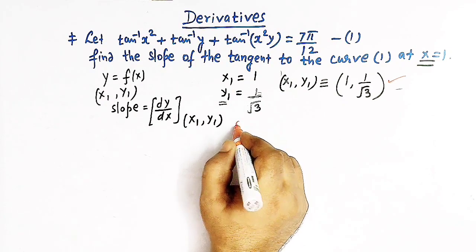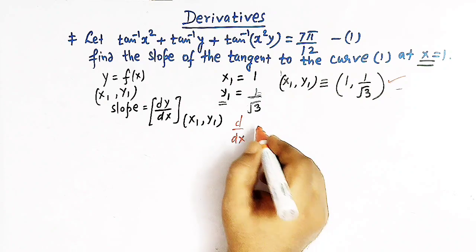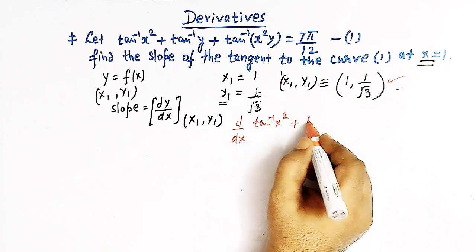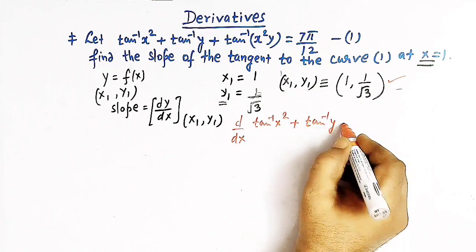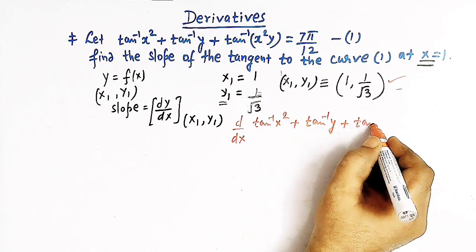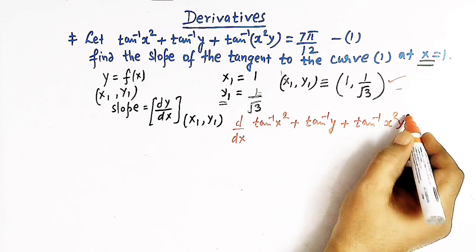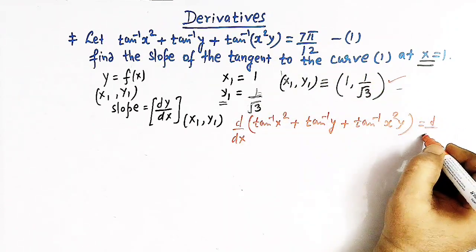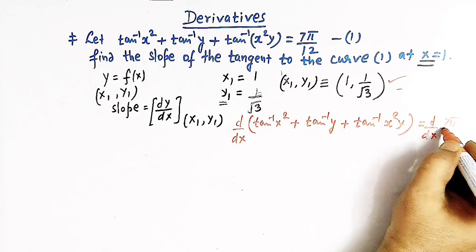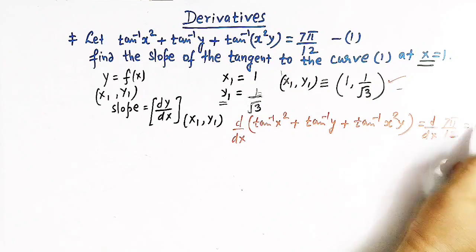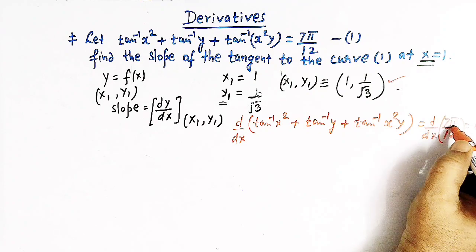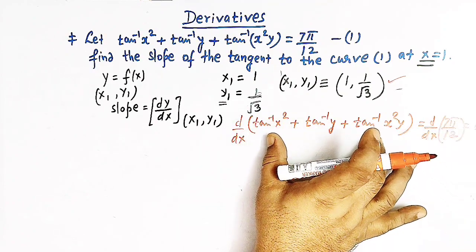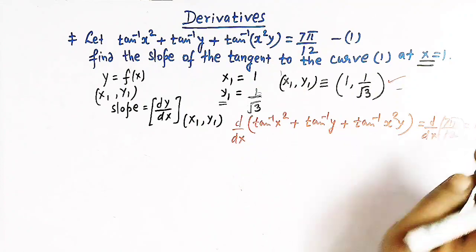So we have d by dx of tan inverse x square plus tan inverse y plus tan inverse x square y, and the derivative of 7 pi by 12 is equal to 0 because this is a constant. So d by dx of this quantity is now equal to 0.